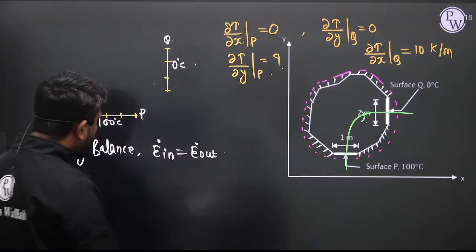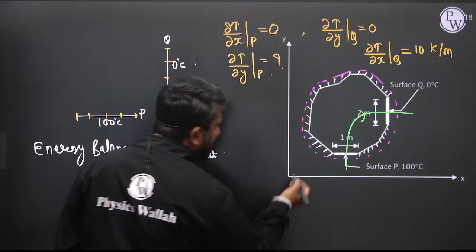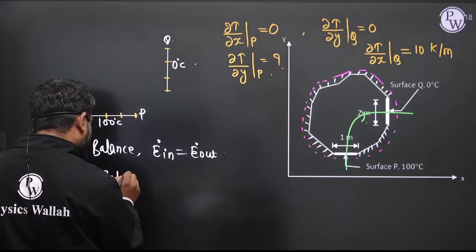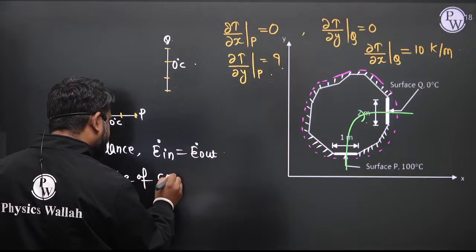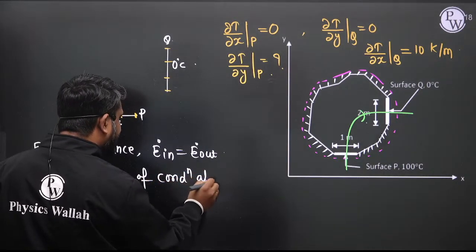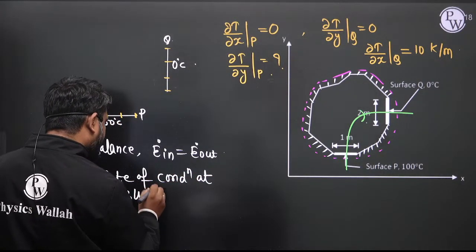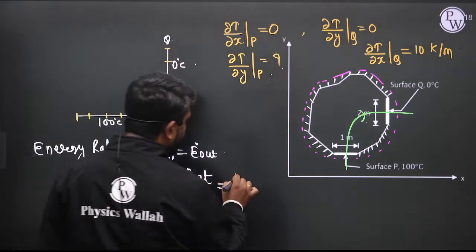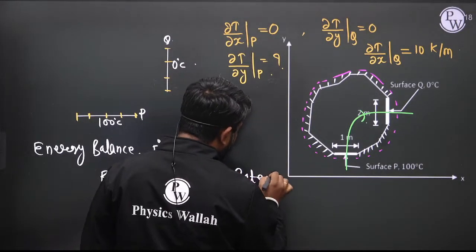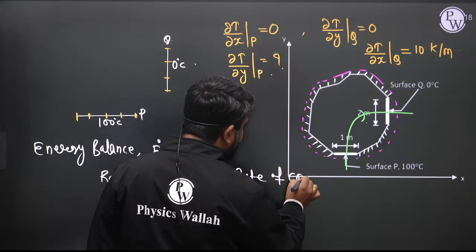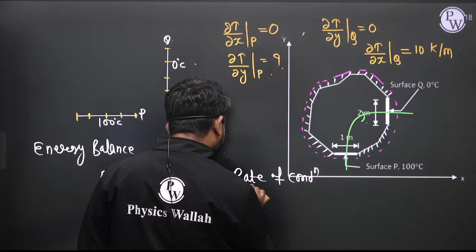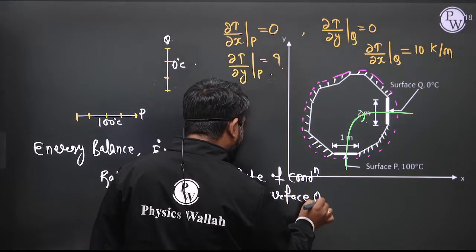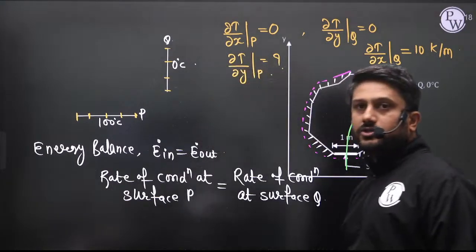If I ask you what is the energy in, that is nothing but the rate of conduction at surface P, and it is equal to the energy out, the rate of conduction at surface Q.